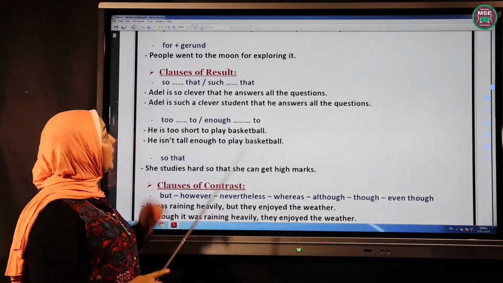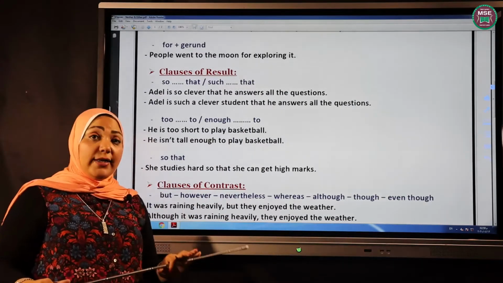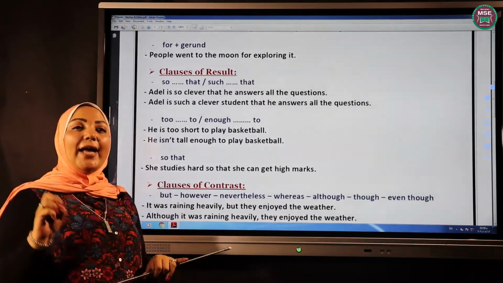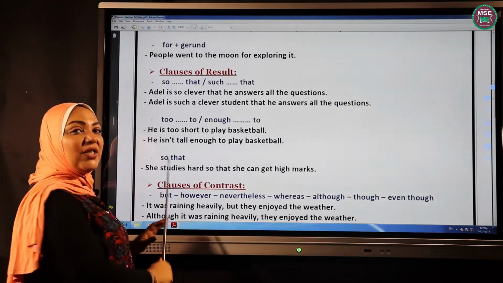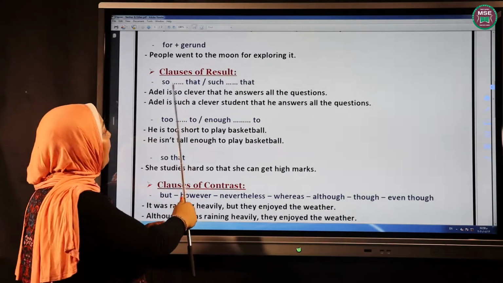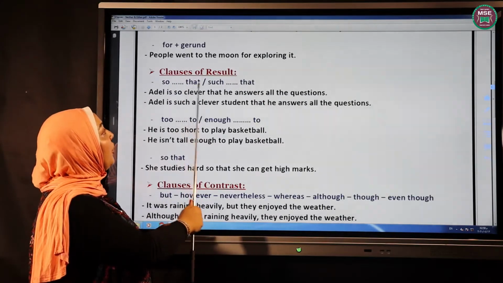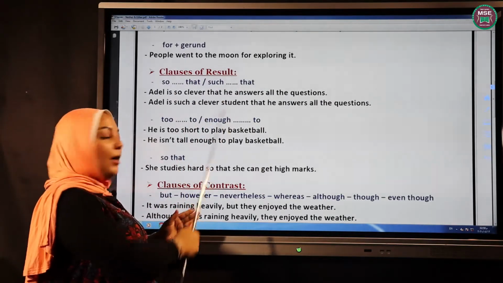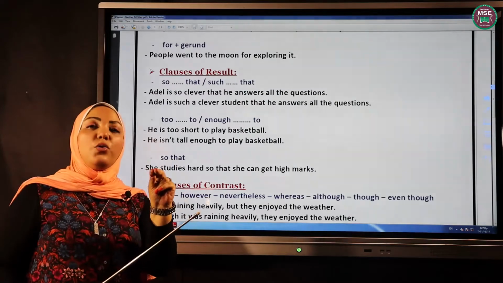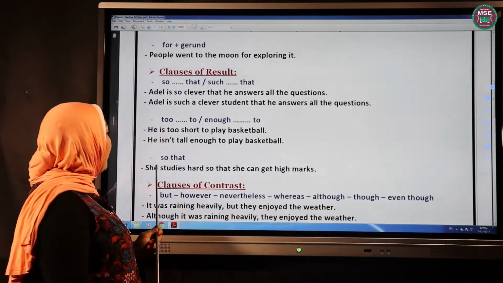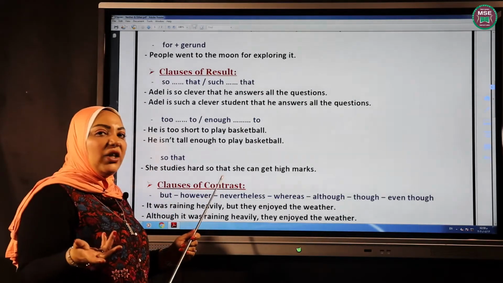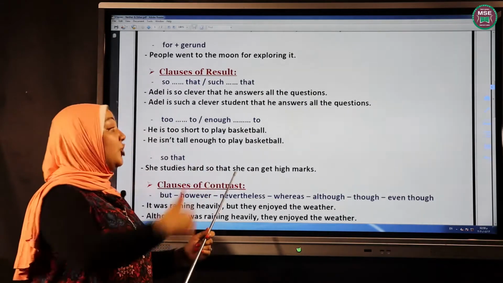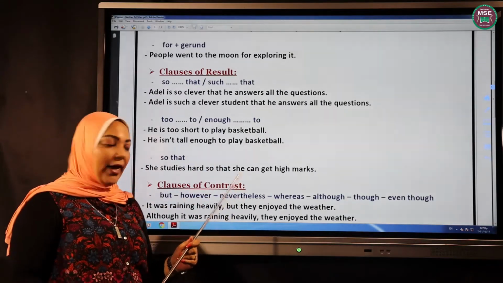The last type to express the clauses of result is so that, but with nothing to separate them. If you look carefully at the first example, we separated so from that, but here they are close to each other. So she studies hard. And what is the result of this? So that she can get high marks, okay?